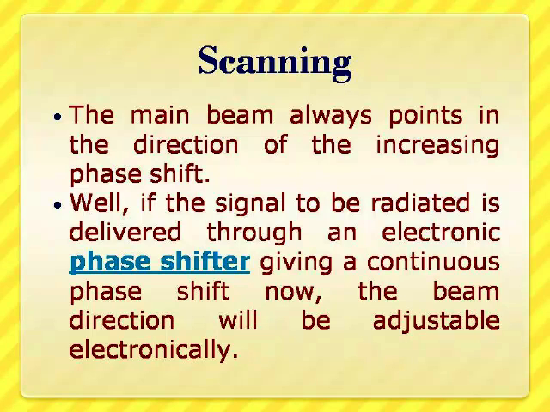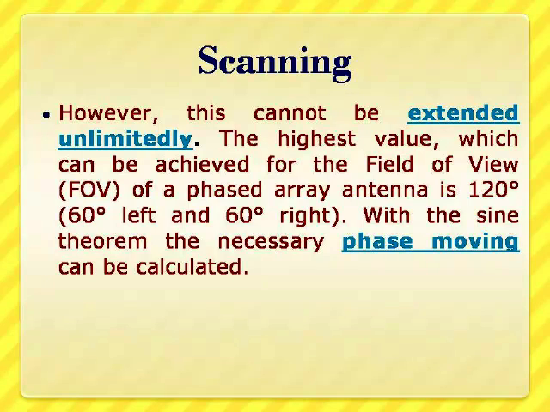If the signal to be radiated is delivered through an electronic phase shifter giving a continuous phase shift, then the beam direction will be adjustable electronically. But the beam cannot be steered to all the locations without any limit.